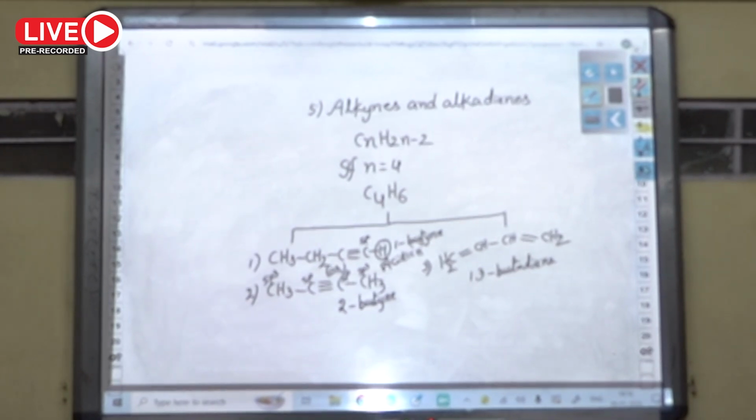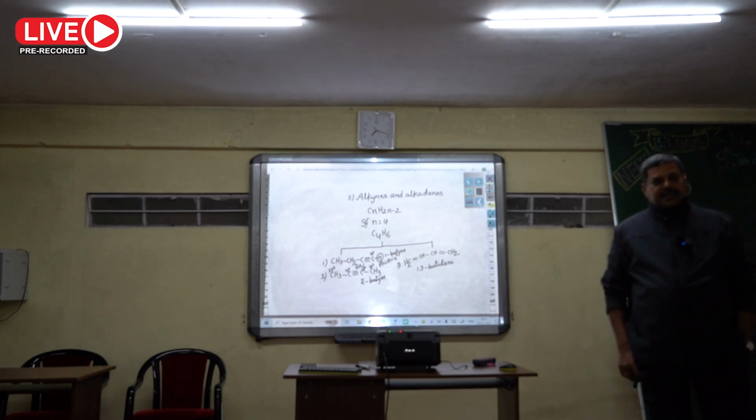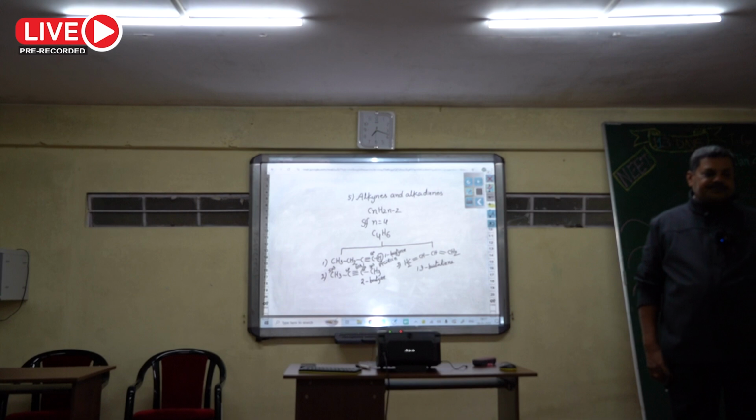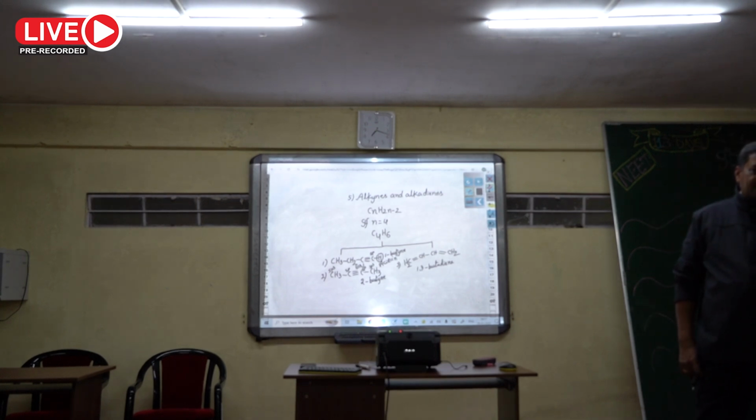Alkynes containing acidic hydrogen, within brackets, H atom directly attached to triply bonded carbon or sp carbon, bracket close, show the following characteristic properties.